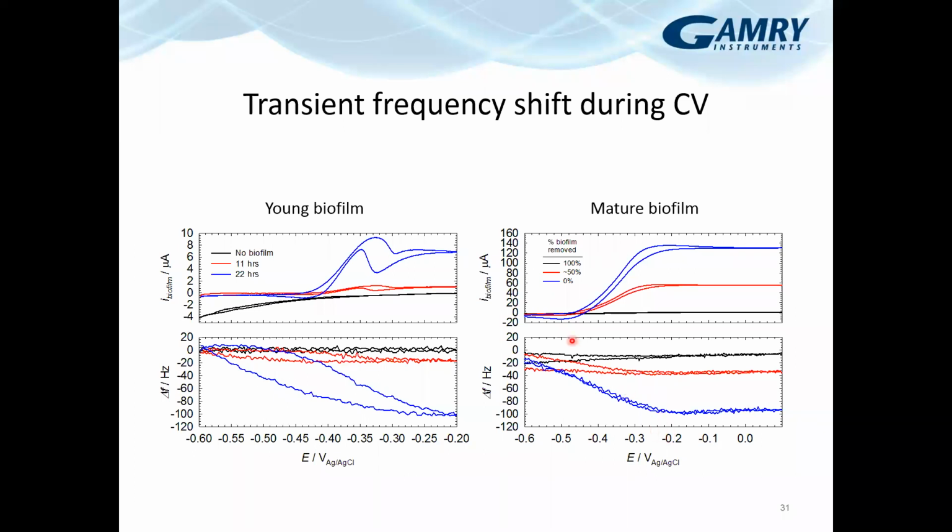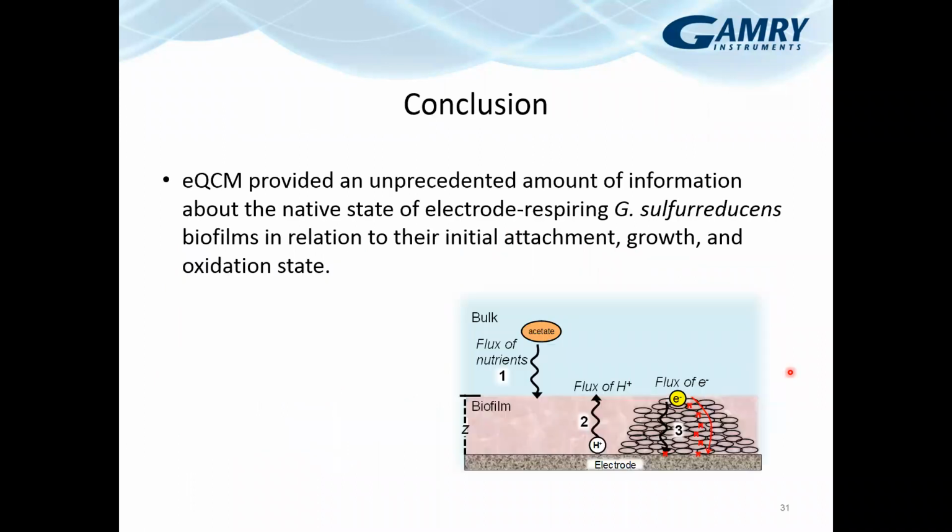Most people in the literature have these CVs, and when you couple them to frequency information, you start to see that, hey, we should look at information that's not just about the flux of electrons in the biofilm, but also a flux of protons, and not just protons, but counterions, and maybe even the flux of nutrients through the biofilm, right? And how solvent can actually move in and out of the film.